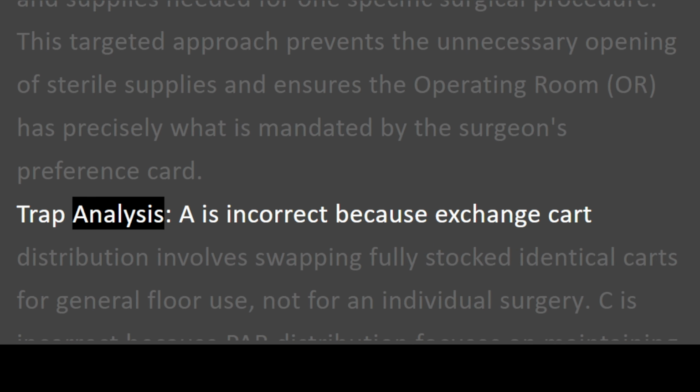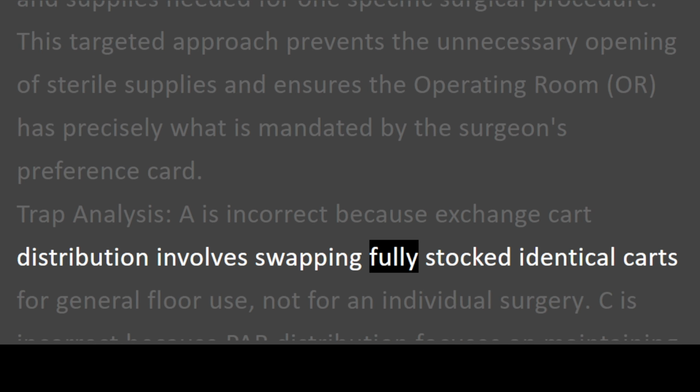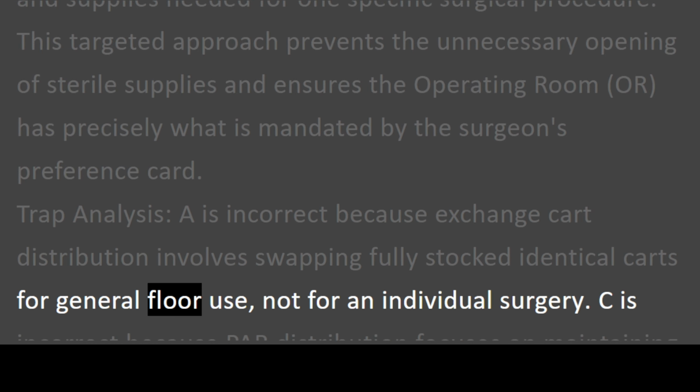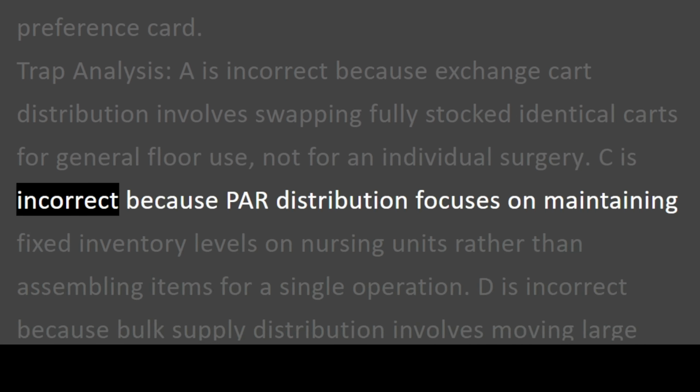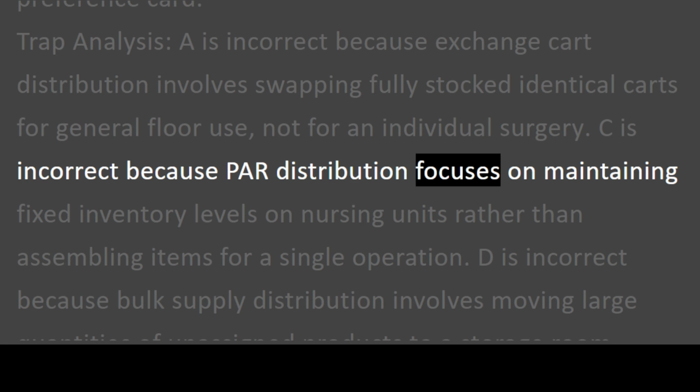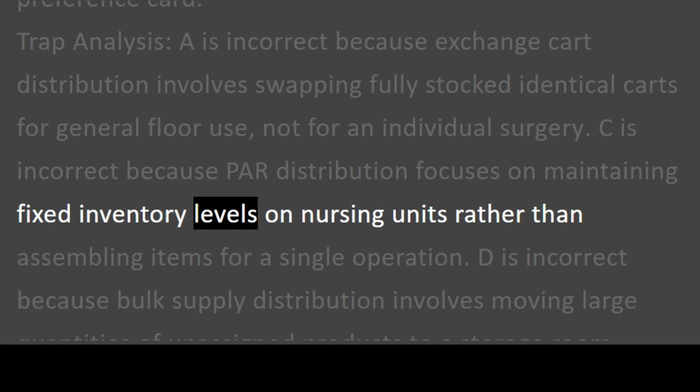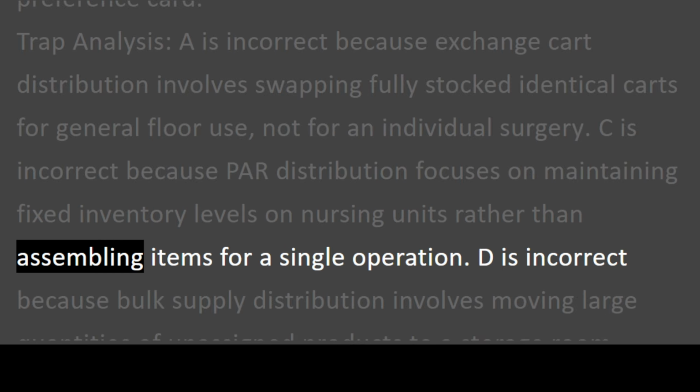Trap analysis. A is incorrect because exchange cart distribution involves swapping fully stocked identical carts for general floor use, not for an individual surgery. C is incorrect because PAR distribution focuses on maintaining fixed inventory levels on nursing units rather than assembling items for a single operation.